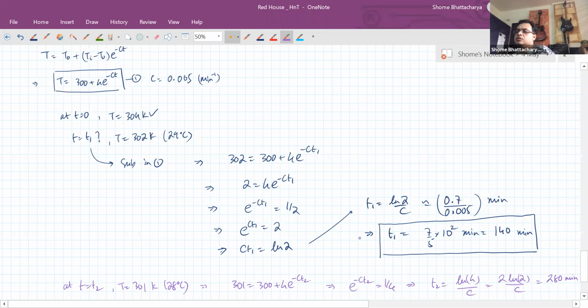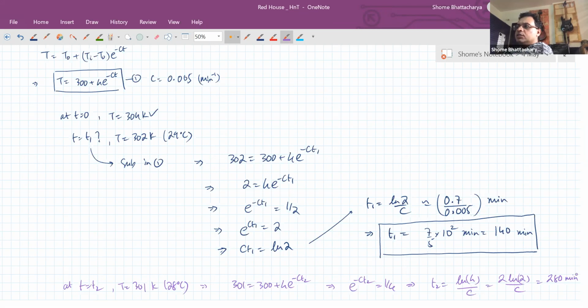Okay. So this is going to show us something interesting, that the time interval taken to go from 31 to 29 will be the same as the time interval to go from 29 to 28, which is 140 minutes. So this shows us a very interesting property of the exponential decay graph. If you have seen the exponential decay graph of radioactive decay earlier, you will recall that there's something called half-life.